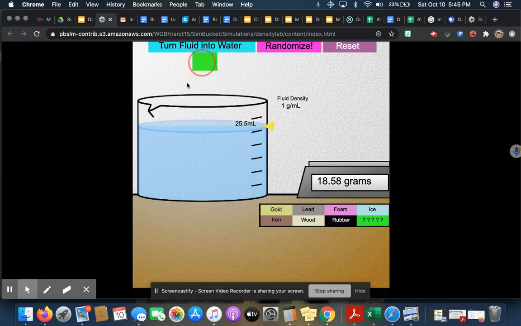You're going to do the mass, find the volume, okay? And then once you're done, you can just play around if you like and explore some more by hitting reset and randomize and playing with the gears at the bottom. That's completely up to you. But just know when you do the lab, it has to be in water. Your fluid density has to be 1 gram per milliliter.